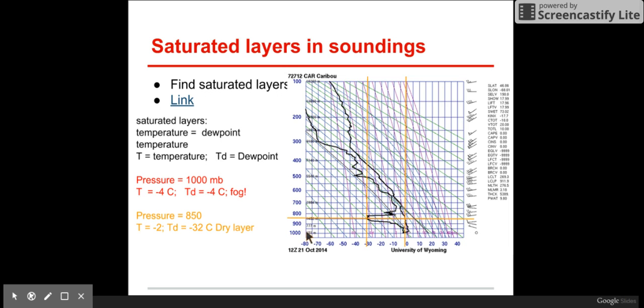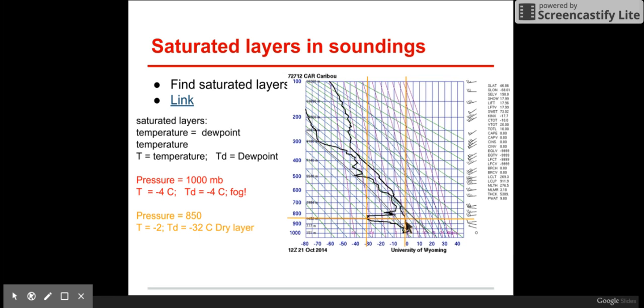If you go up 150 millibars, which is up about a mile or 1.5 kilometers, you'll notice that the dew point over here on the left and the temperature curve on the right have actually gone further apart. So we're going to take separate measurements here.